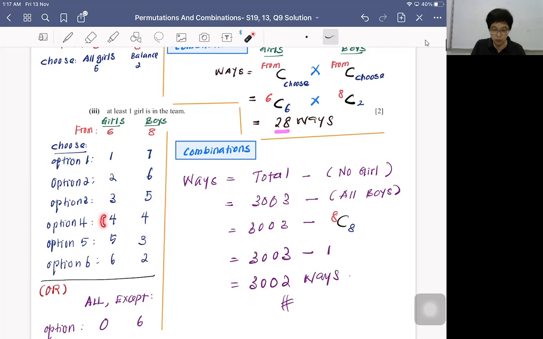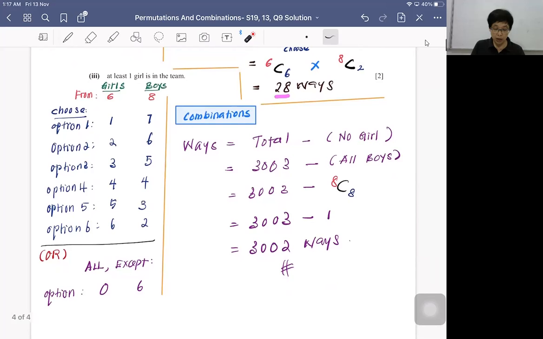Or option 4, the girls take up 4 and the balance 4 is taken up by the boys. Or option 5, the girls take up 5 of them and the balance 3 vacancies are filled by the boys. And then the final 6th option is when 6 girls are chosen and the balance 2 places are given to the boys.